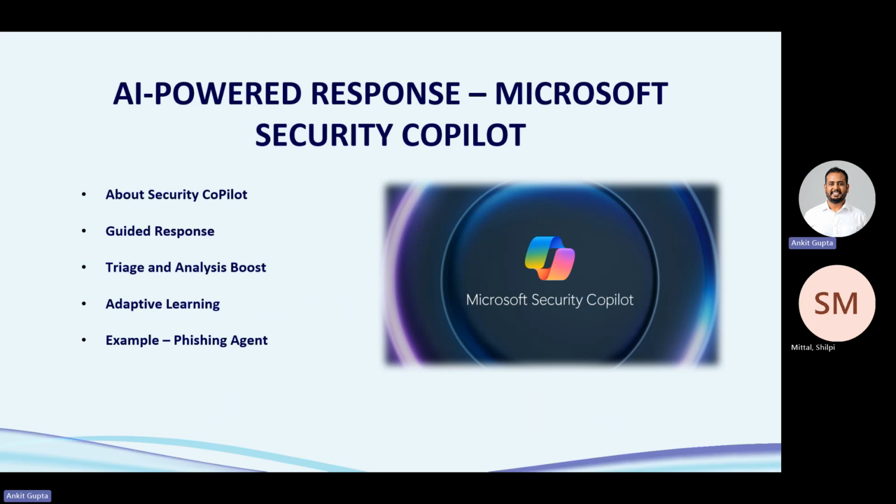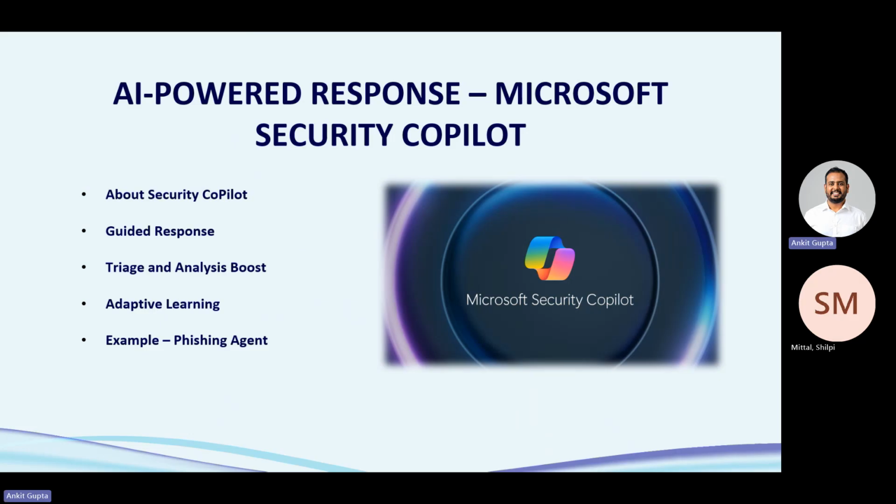Beyond guided response, Copilot assists with triage. The phishing triage agent can cluster user-reported emails, separate true phishing attempts from false positives, and explain its reasoning. Copilot frees analysts to focus on confirmed threats.